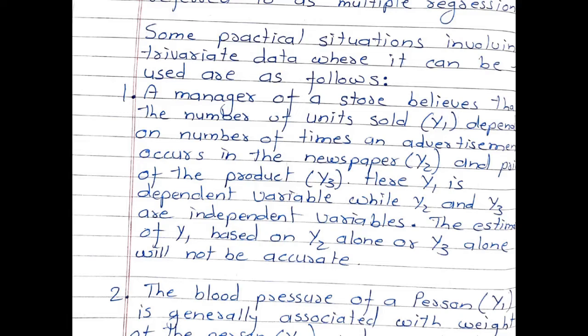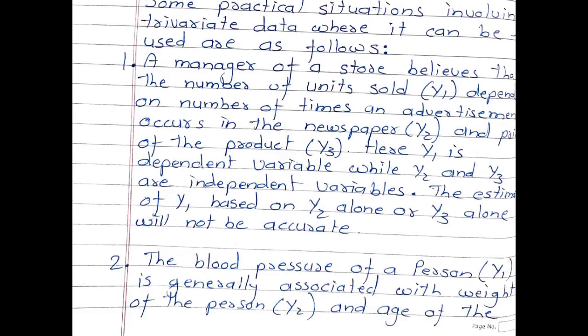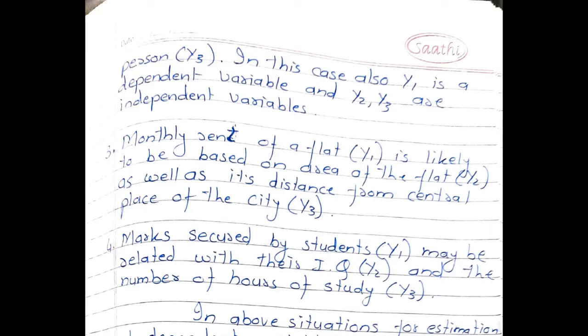The estimate of y1 based on y2 alone or y3 alone will not be accurate. Second situation: the blood pressure of a person, y1, is generally associated with the weight of the person, y2, and the age of the person, y3. In this case also, y1 is a dependent variable and y2 and y3 are independent variables.